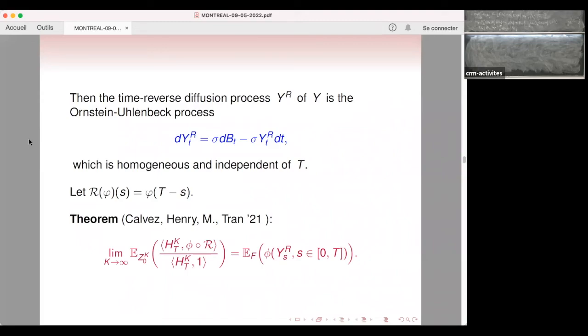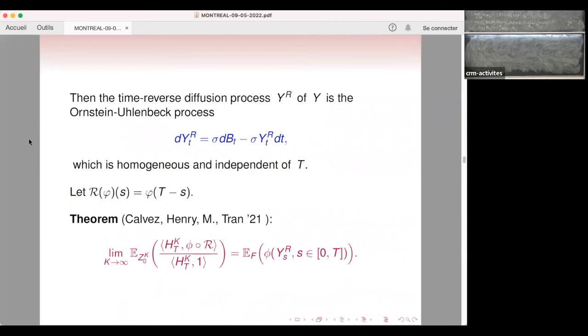And we can prove what we wanted: if in our interacting setting we consider an individual picked up at random at time t, then asymptotically, when k tends to infinity and Z_0^k tends to f, we have at the limit this expression, where Y is the Ornstein-Uhlenbeck process given here.